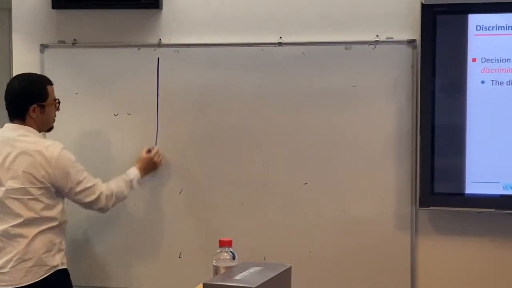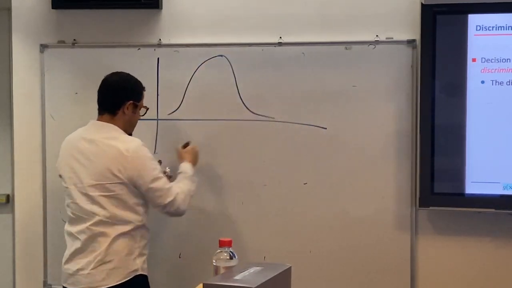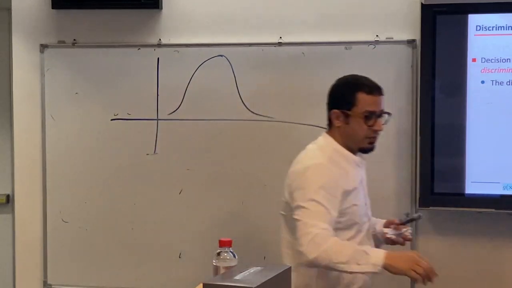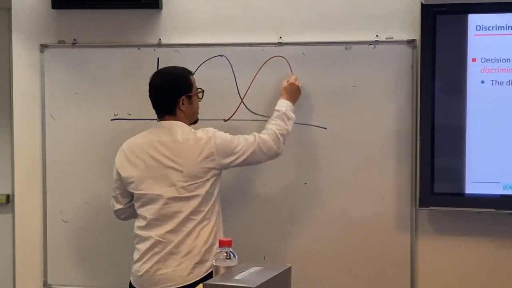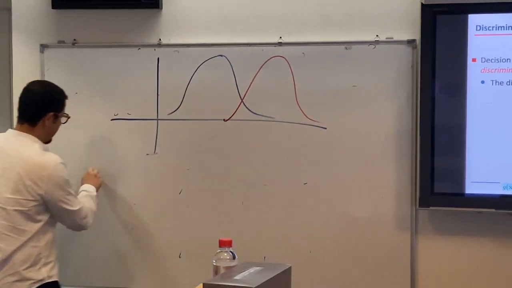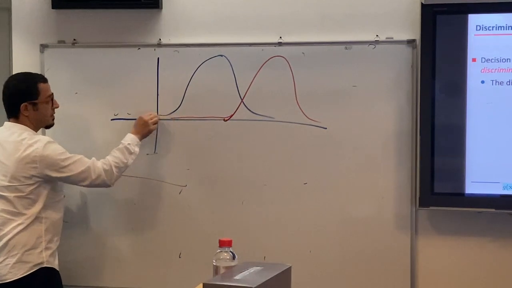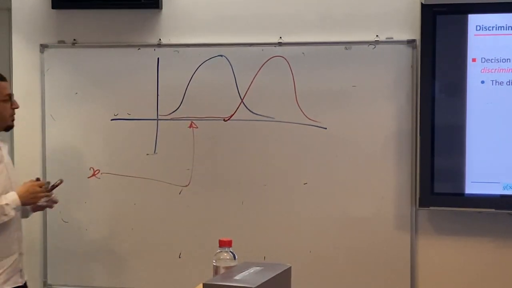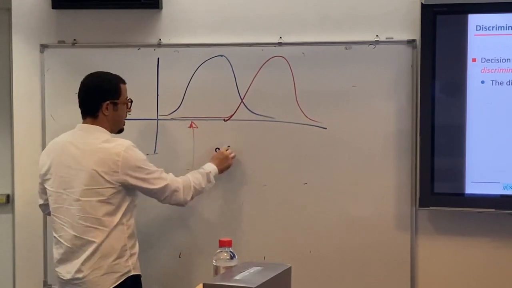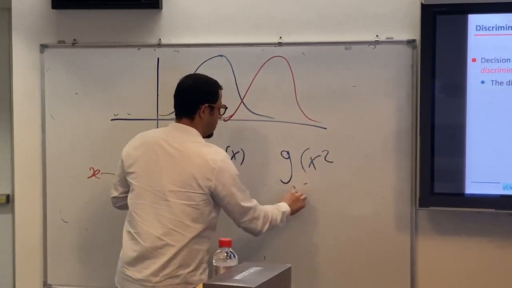For example, I do one for the blue class, and another one for the red class. And I have the problem point X. Look, if X is here, it will be something like this, right? If X is here, what will be the values of G1(X) and G2(X)?